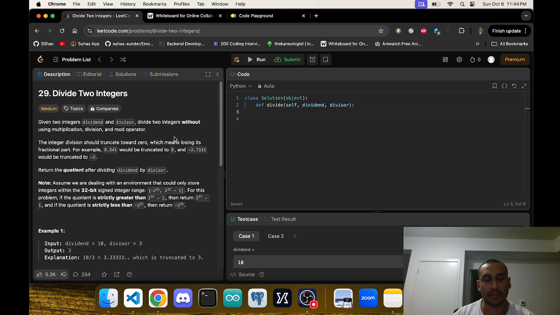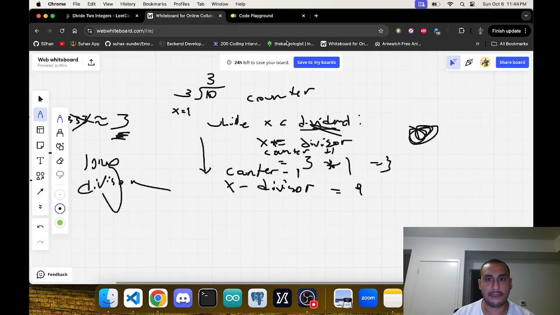Divide 2 integers without using multiplication, division, and mod operator. I mean, I could also do x equals 0 and just add, because 3 plus 3 plus 3. So let's do it. Let's follow the rules.